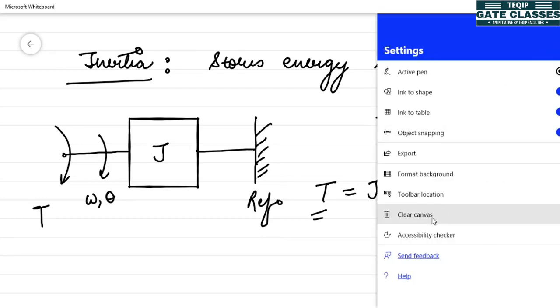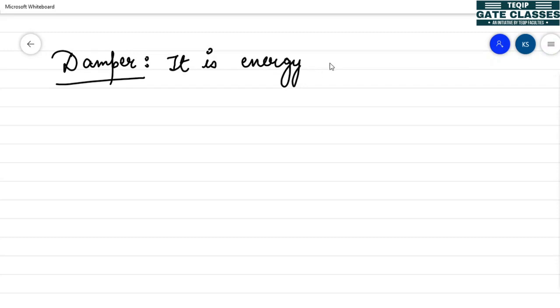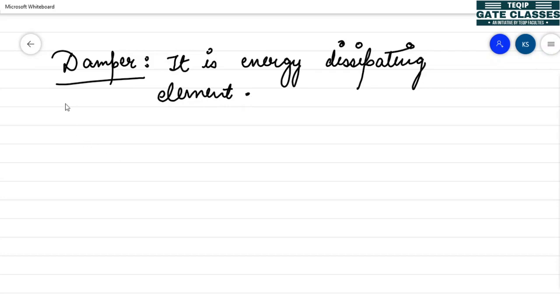The next element is the damper. It is just like in the mechanical translational system. As in the mechanical translational system, it is an energy dissipating element, so in this case also it is an energy dissipating element.